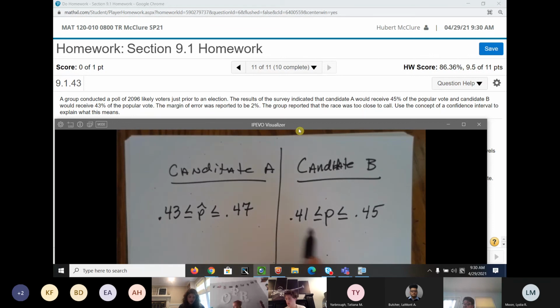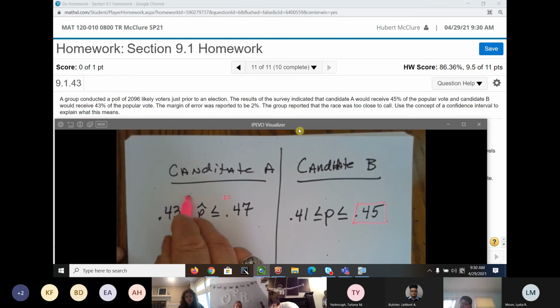So is there anything overlapping here? Yeah, there's something overlapping, because 45 would be right in here, and 41 would be right in here. So technically, this guy is within the margin of error of this guy, isn't it?